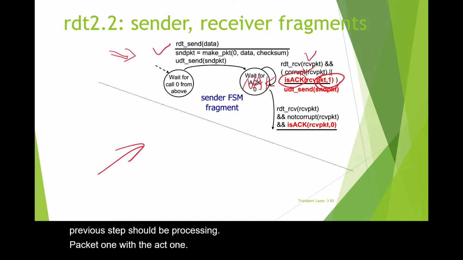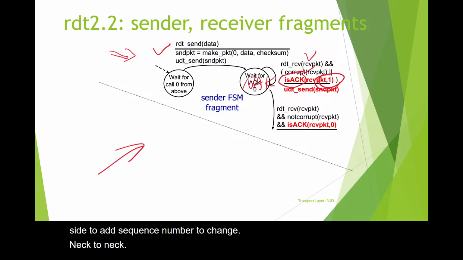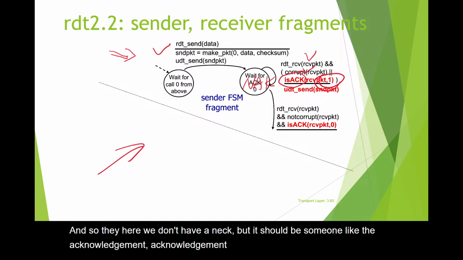So we can use this way, and so that we change the sending side and receiver side to add sequence number, to change NAK to ACK. And so that here we don't have a NAK, but it should be something like the acknowledgement, acknowledgement with the sequence number 1.